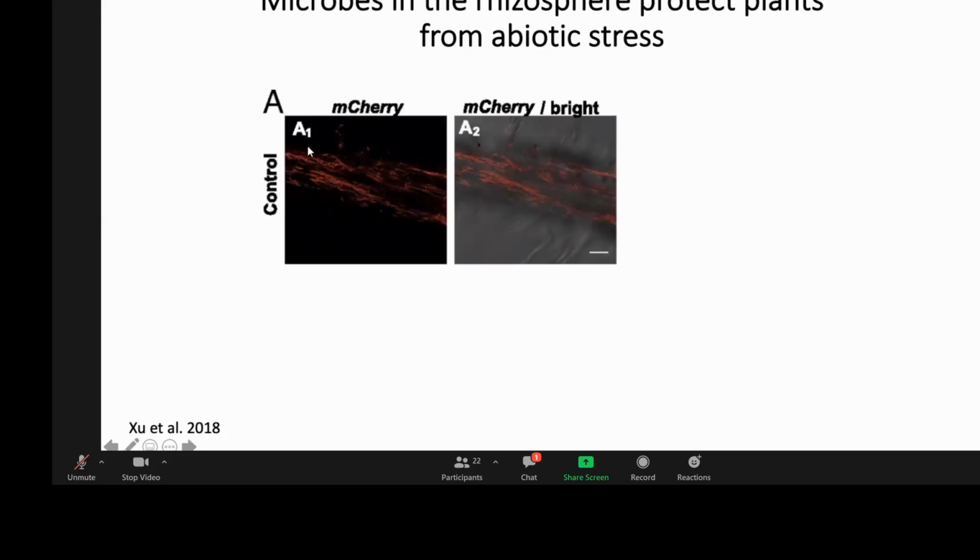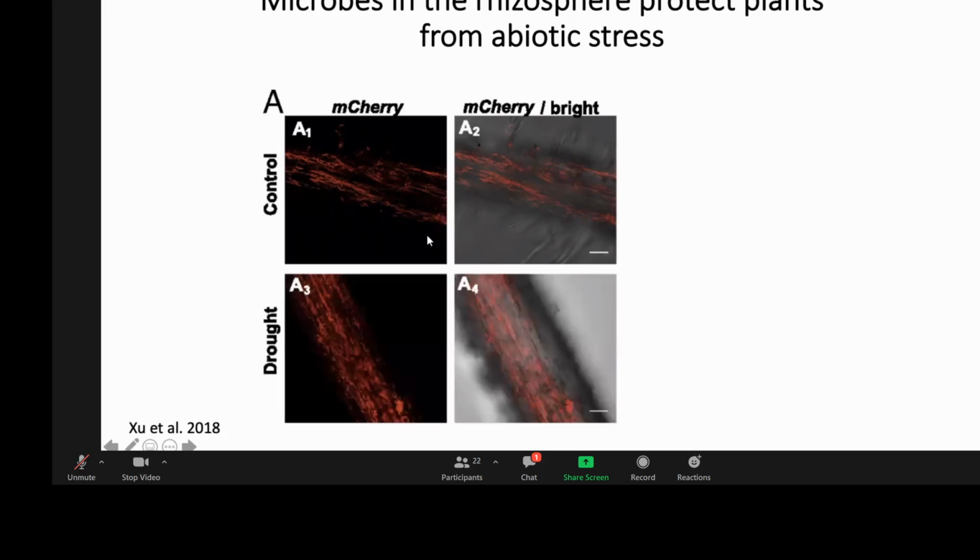So here is a sorghum plant root that is fluorescently labeled with mCherry. And this is the control. And then here is the bright field and the fluorescent image overlaid. And then in drought conditions, what you can see is an increase in fluorescence signal as compared to our control.